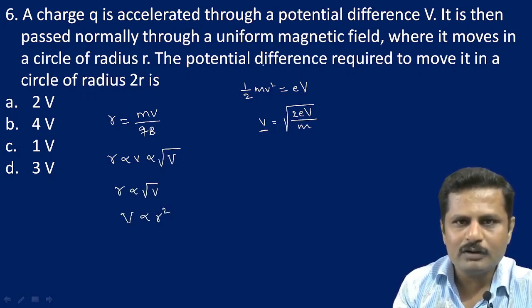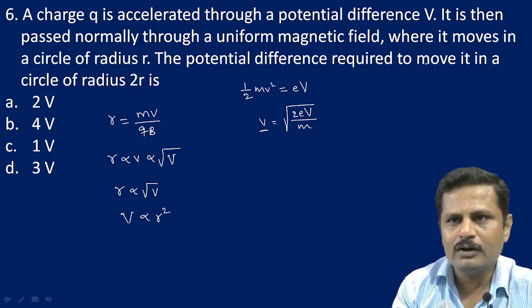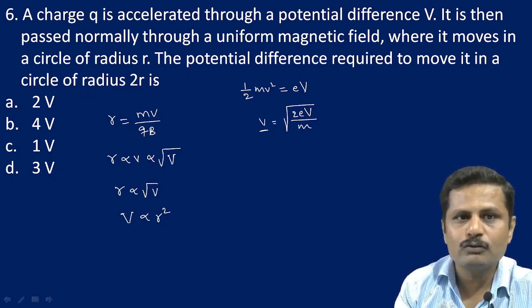So, the question is the potential difference required to move it in a circle of radius 2r.